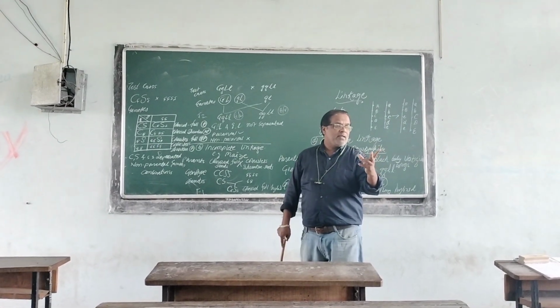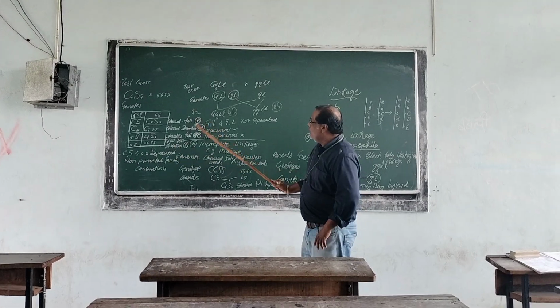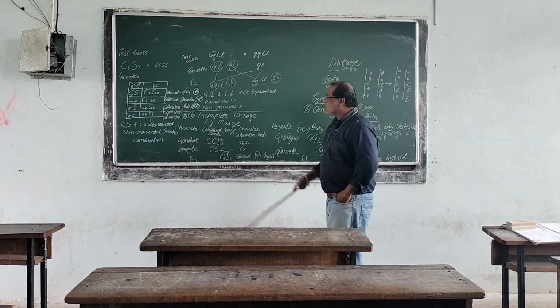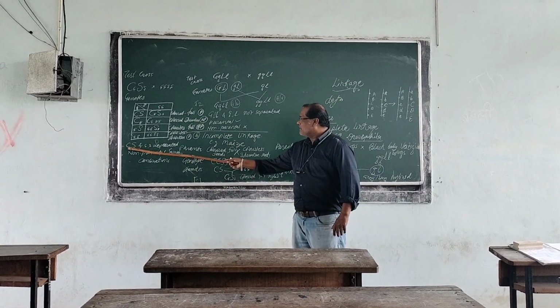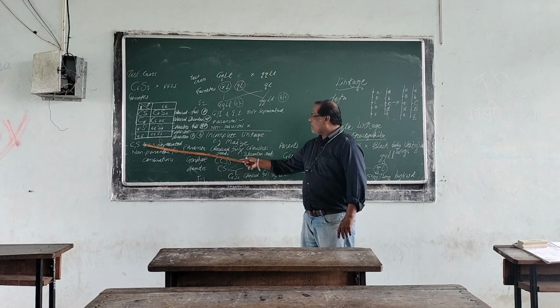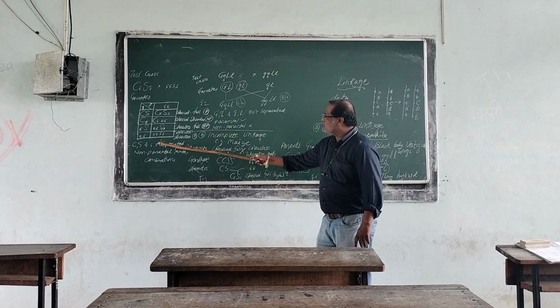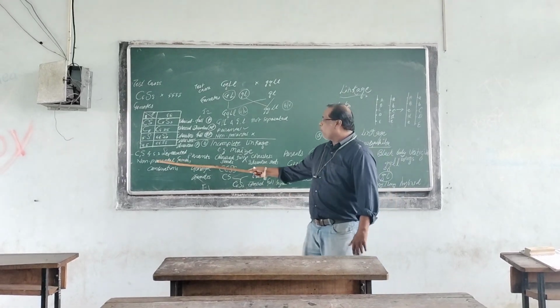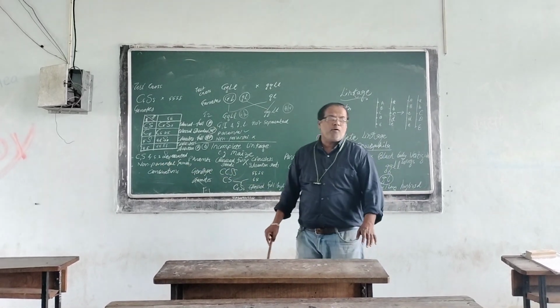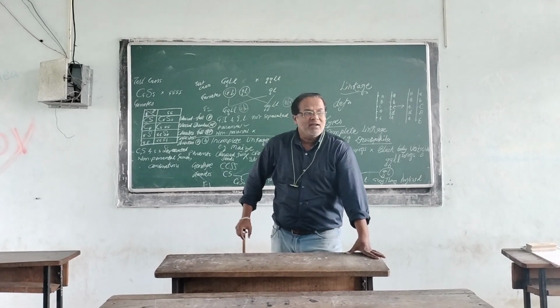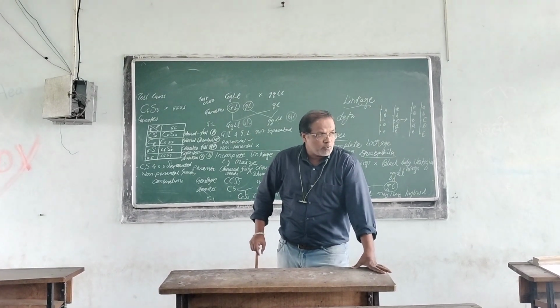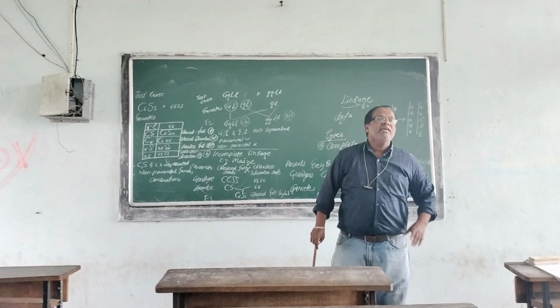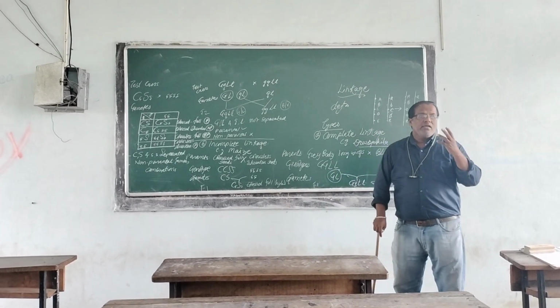In incomplete linkage, capital C and small s can be separated, and therefore non-parental gametes are formed and non-parental combinations are also formed. Such type of linkage is known as incomplete linkage.